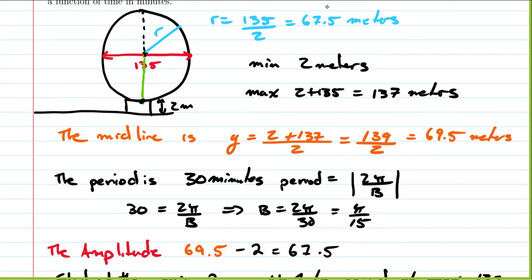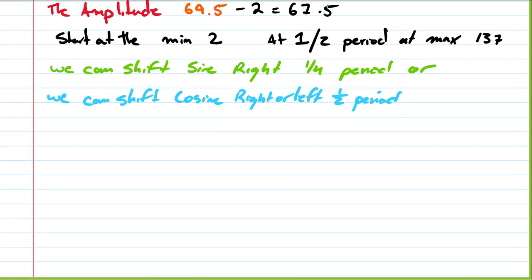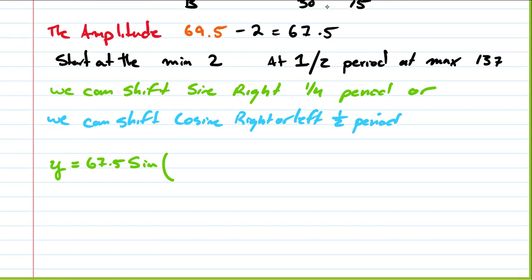So in terms of sine, we would have y equals, our amplitude is 67.5 times the sine, and our period was pi over 15 times x, but then we have to shift it a quarter of a period to the right.